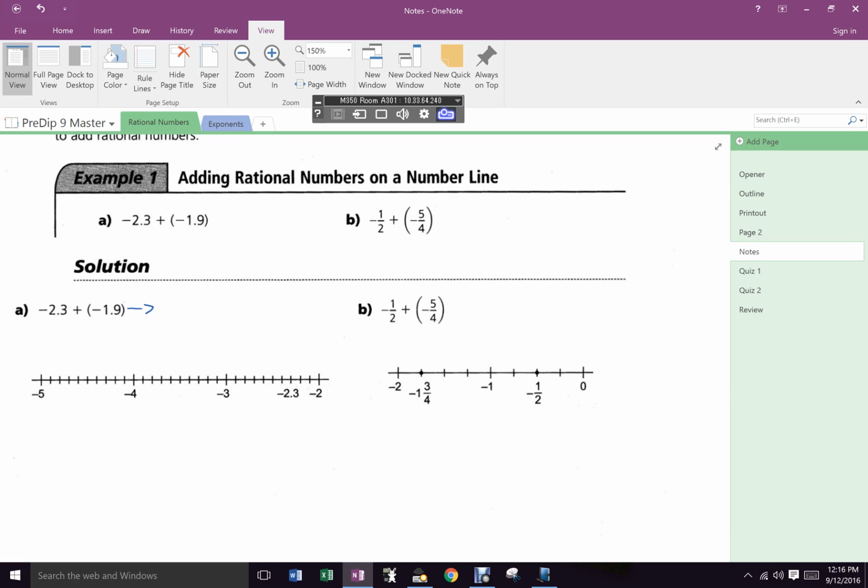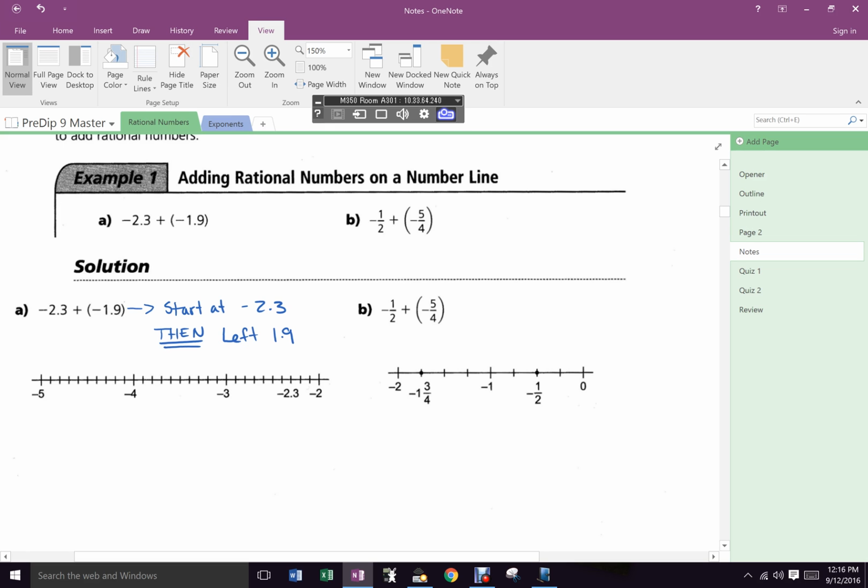Where do I start? Okay, so this means I start at negative 2.3, which is left or right of 0? Left. And what does the plus mean? In English, it means the next thing I do.